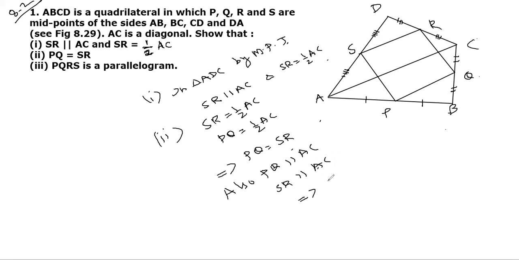So this implies that PQ is parallel to SR, and PQ is equal to SR. When two sides are equal and parallel, this shows that PQRS is a parallelogram. So this proves the third part. So this is the proof of this question.